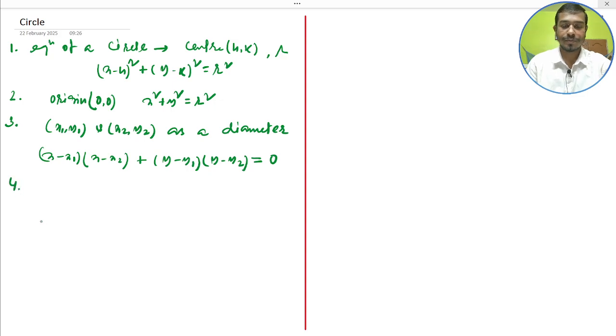Next, number 4, the general equation. Just a minute, the writing pen is not working now.